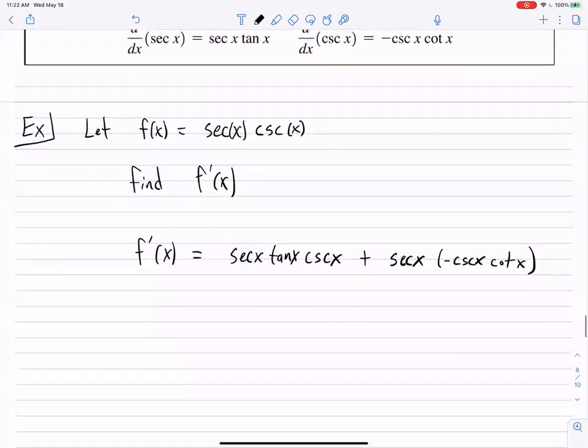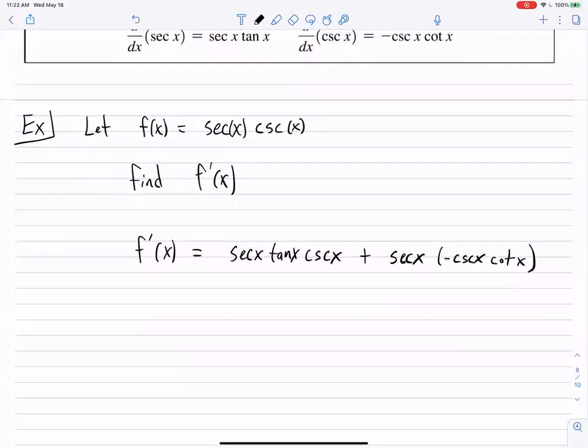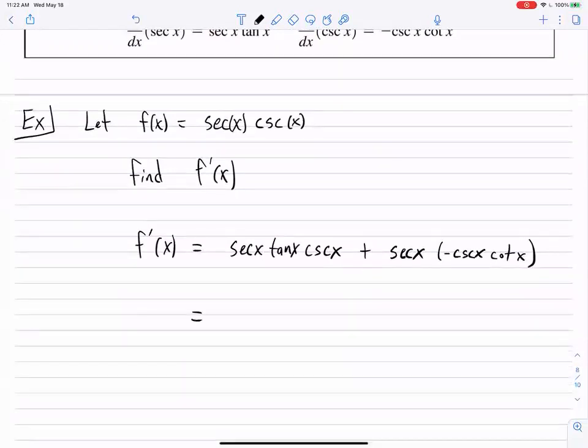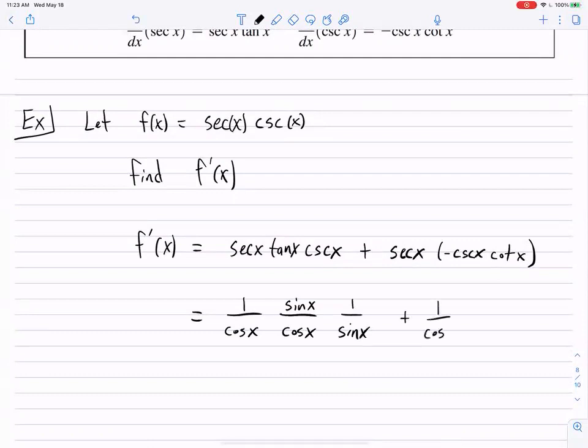And so as it's written, it's not super pretty. And so what we're going to do to simplify it is we're going to write them all in terms of sines and cosines. And so this is 1 over cosine of x. This is sine of x over cosine of x. And then this is 1 over sine of x. And then plus, this is 1 over cosine x.